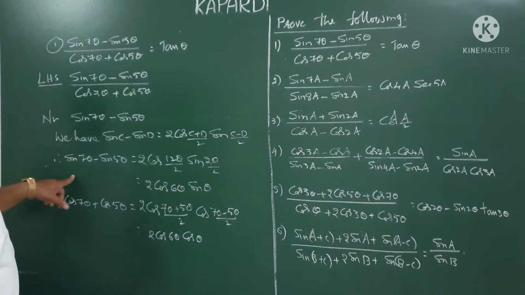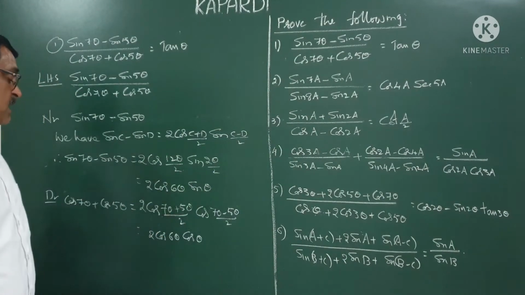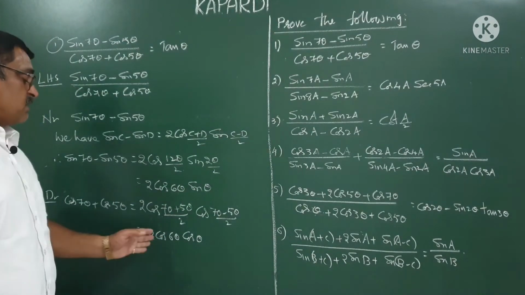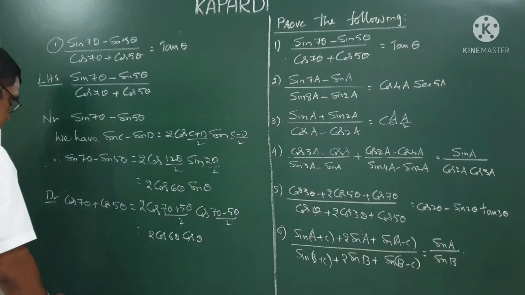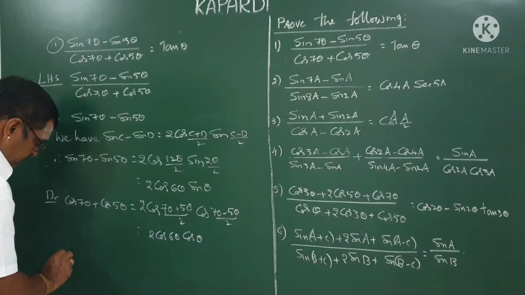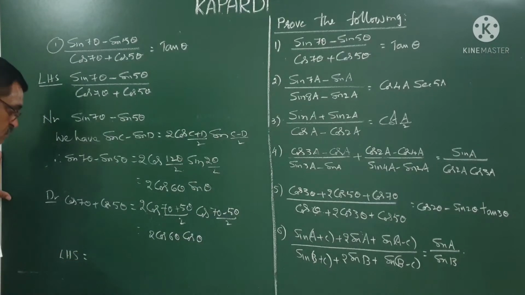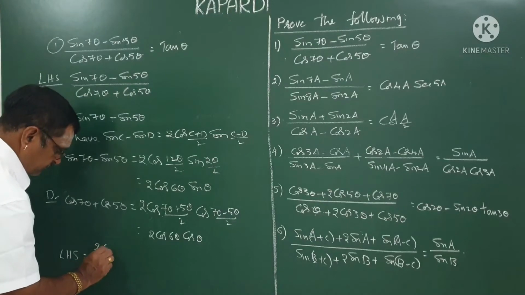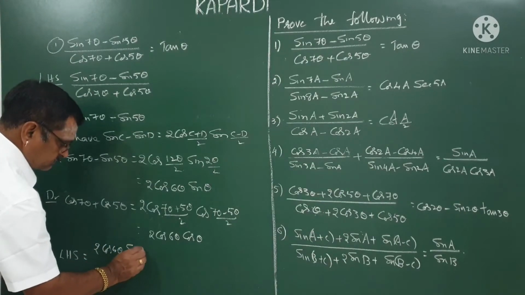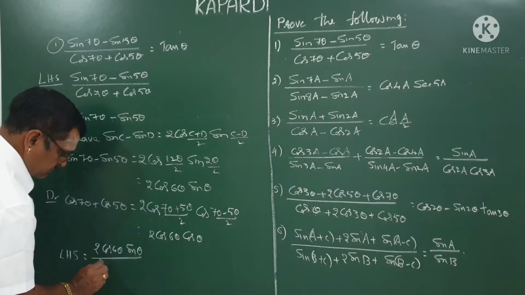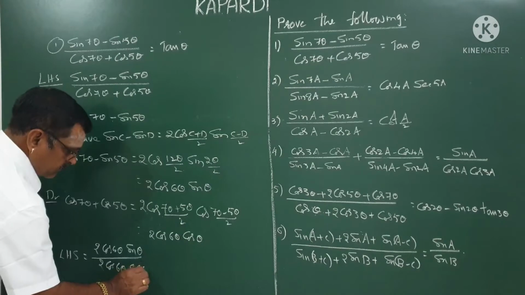So, I simplified the numerator. I got 2 cos 6 theta sin theta. I simplified the denominator. I got 2 cos 6 theta cos theta. Now my LHS will become 2 cos 6 theta into sin theta over 2 cos 6 theta into cos theta.